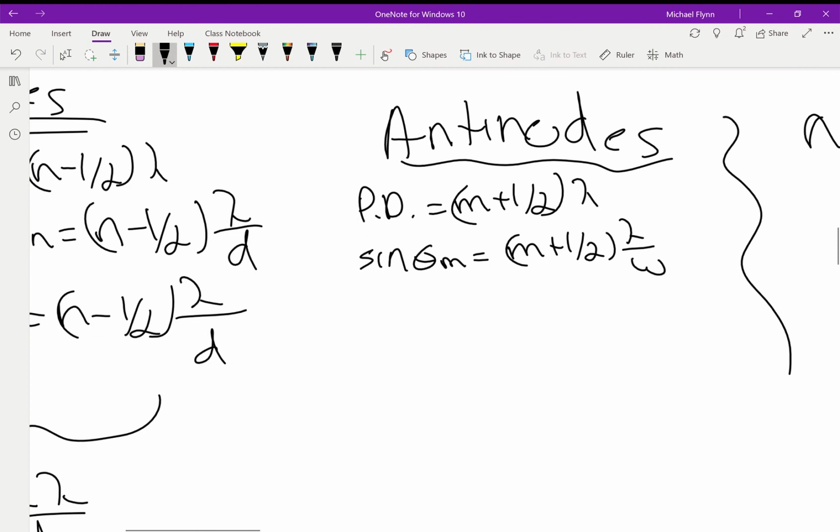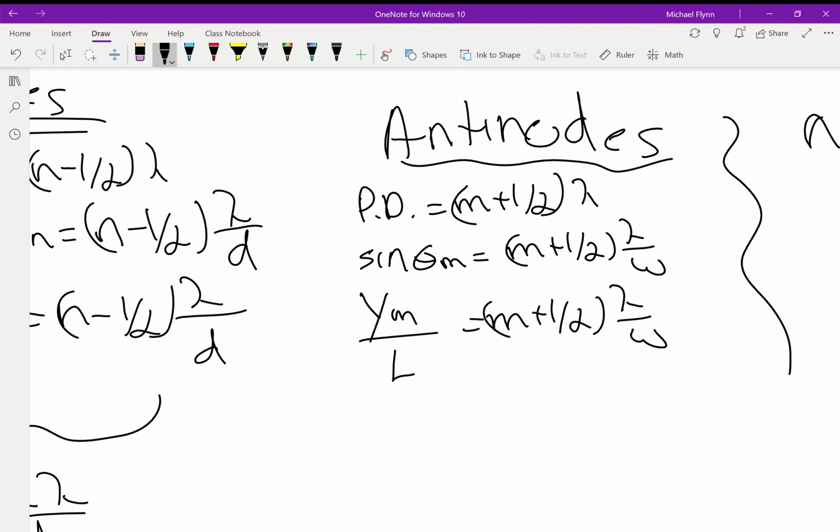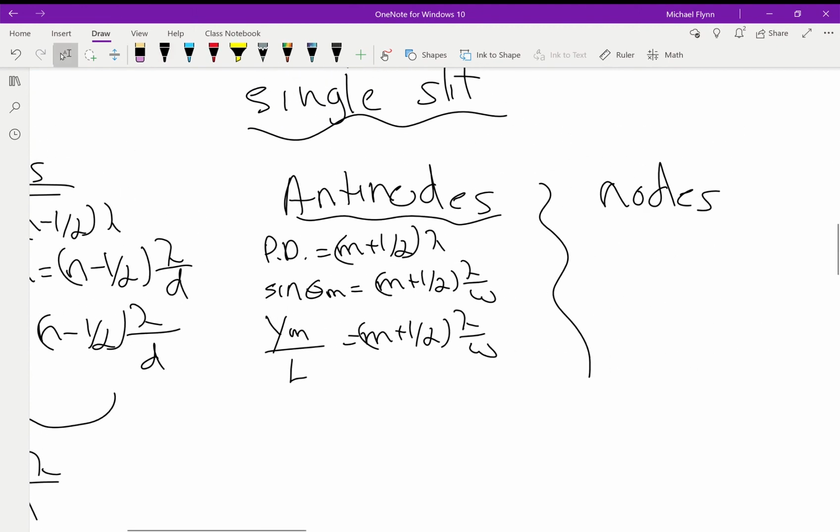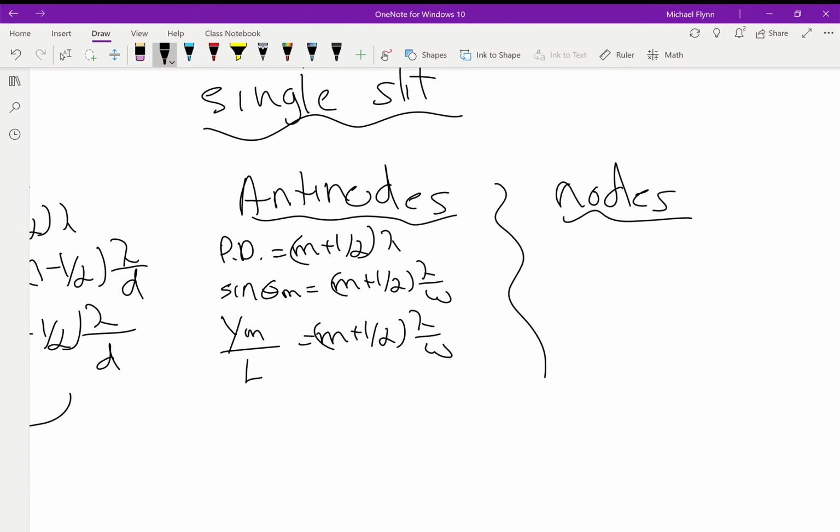Now finally, we use y for single slit, so ym over L equals m plus 1/2 lambda over w. Now you should kind of get what these things mean. ym is the distance from the perpendicular bisector, the center, to the middle of the antinode. I'll show you on the diagram above.